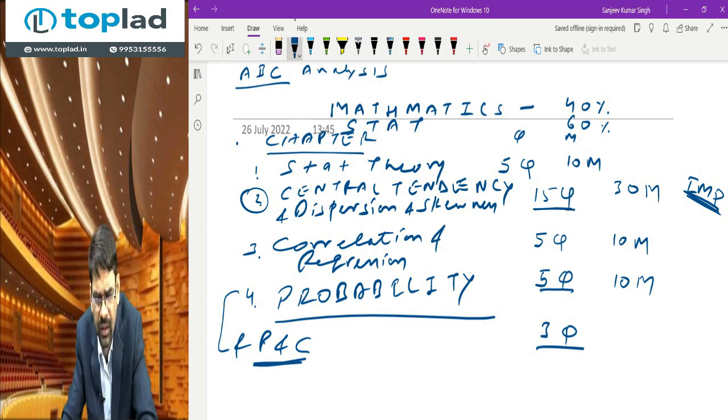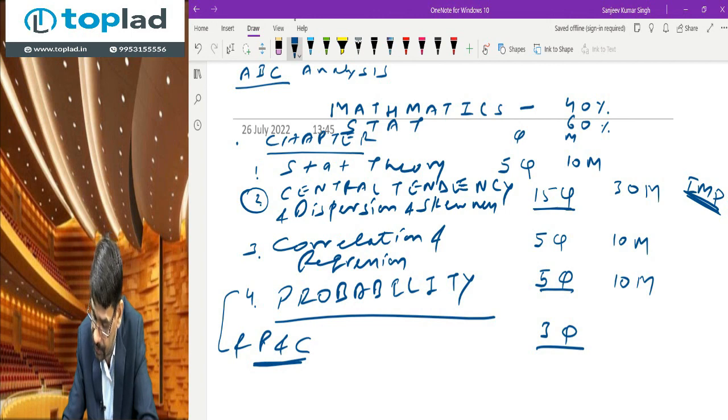So basically this is the structure of the mathematics and statistics paper. Mathematics covers 40% and statistics covers 60% of the marks.